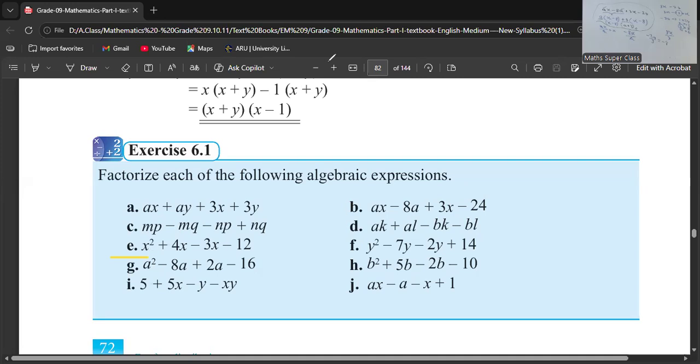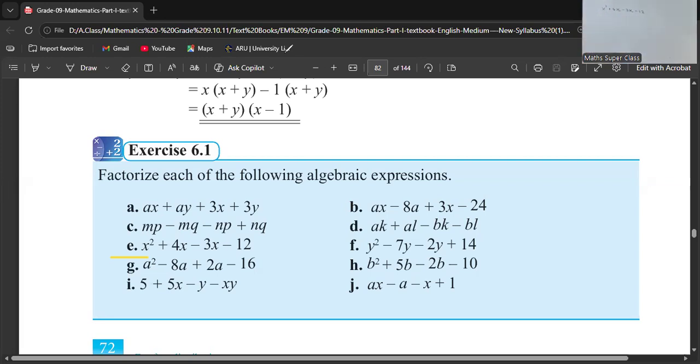Okay, this one. Now I'm going to discuss this one because I think all of you got the correct answers. X square plus 4x minus 3x minus 12.